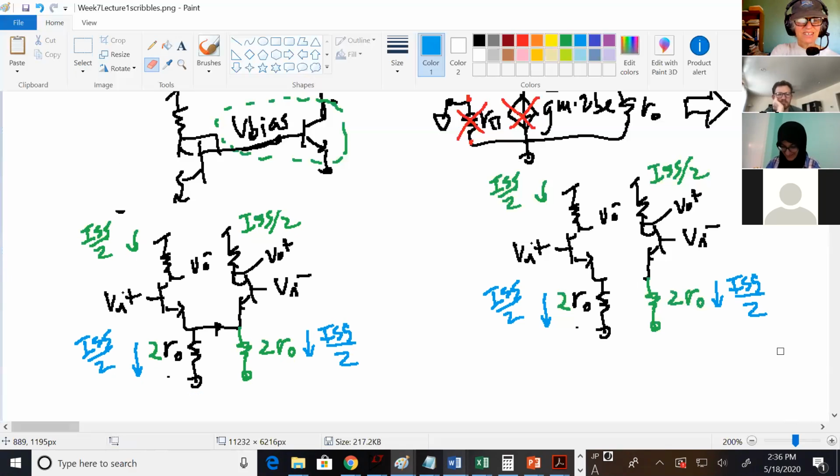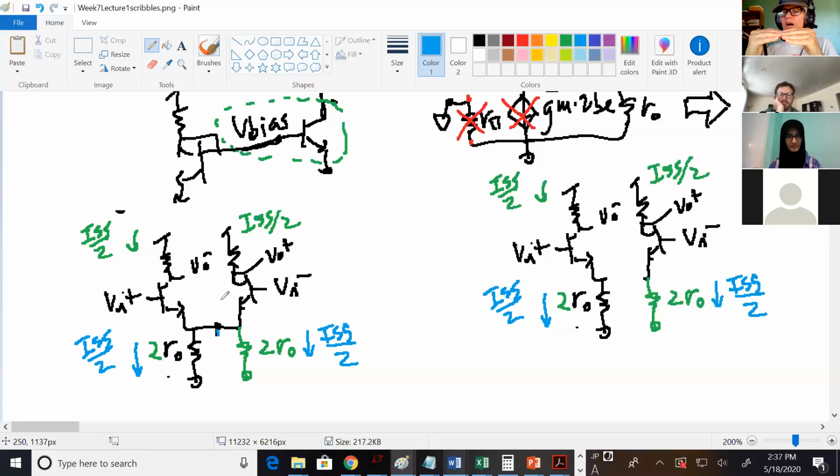Okay, yeah, because these both have the same current going through them. So in theory, there's no current going through the branch that goes across. And remember, when we were testing this for common mode gain, what we were doing is we were tying Vn plus to Vn minus, and we were moving them.